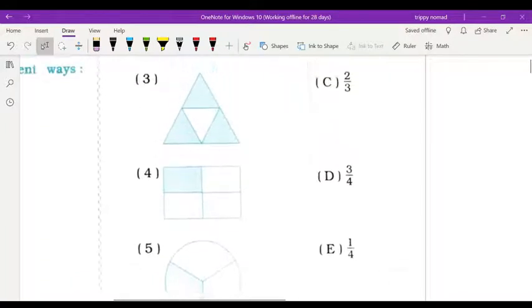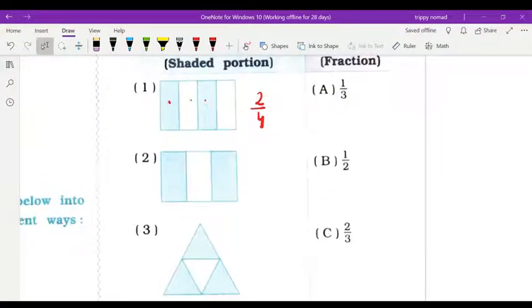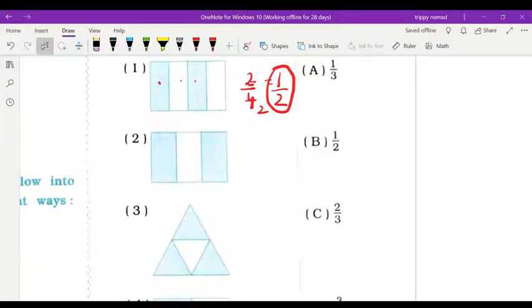No, nowhere. That means 2 ones are 2, 2 twos are 4, so 2 by 4 is the same as 1 by 2. It will go with 1 by 2. You can match this one with this one.